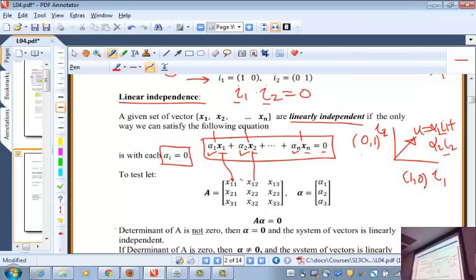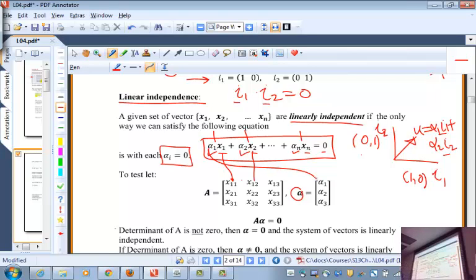So you're given n vectors, and I ask you to go and check whether they are linearly independent. Okay? So all you need to do is assemble all the vectors in columns like this to form a matrix. And then assemble alpha as a vector, which consists of alpha 1, alpha 2, alpha 3.